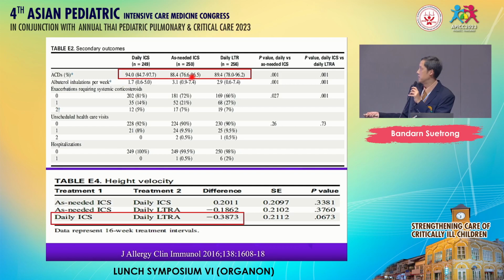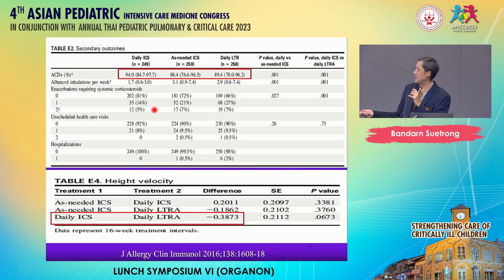The primary outcome of concern is asthma control days. You will see the result is almost close among the three arms. If you compare the daily use of montelukast to inhaled corticosteroid PRN, the asthma control is approximately the same.